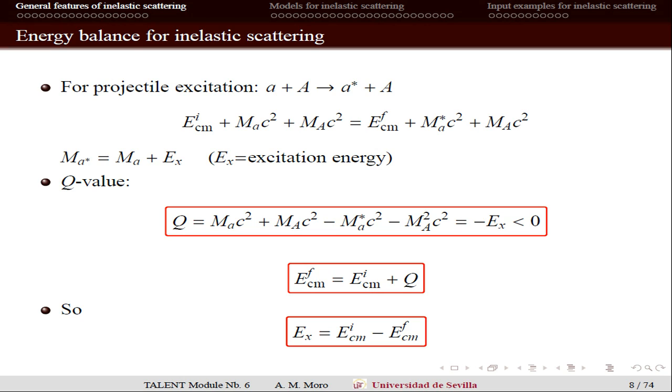Just as a reminder, the Q value for an inelastic process is very simple. Imagine you have a projectile excitation, so A goes to an excited state, A star.